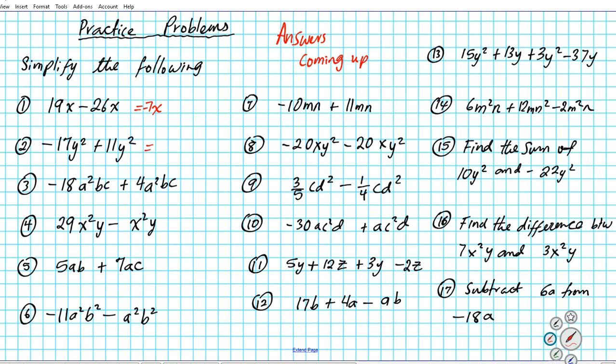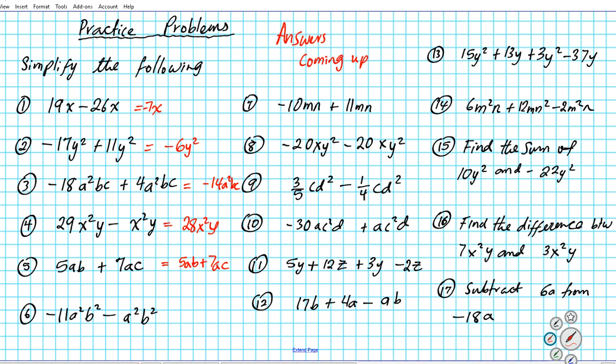The answer for number 3 is negative 6y squared. The answer for number 4 is negative 14a squared bc. For number 5, the answer is 28x squared y.